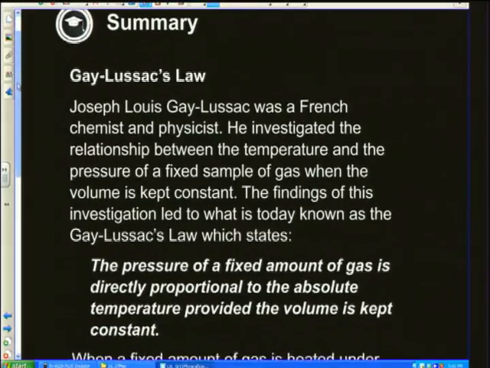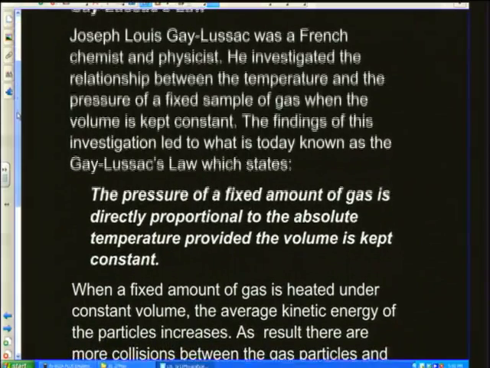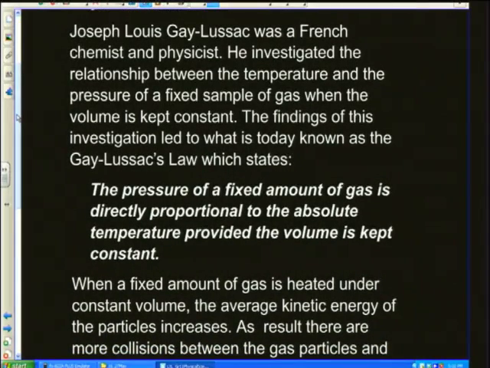Okay, now moving on. Let's come to the notes for the day. The Gay-Lussac law states that pressure of a fixed amount of gas is directly proportional, so this is very important, directly proportional to absolute temperature, provided the volume is kept constant.